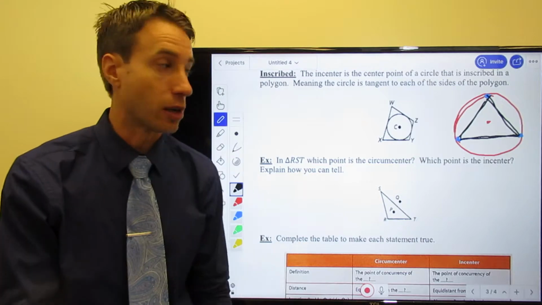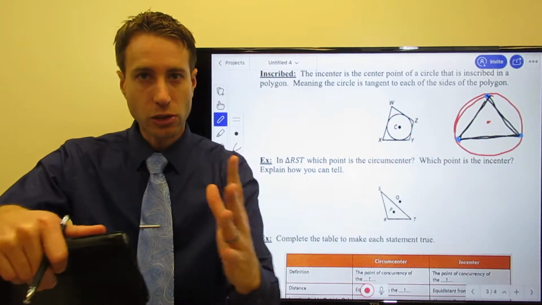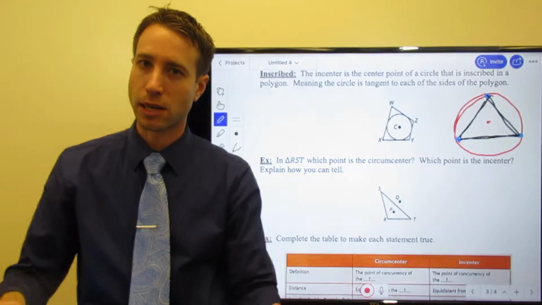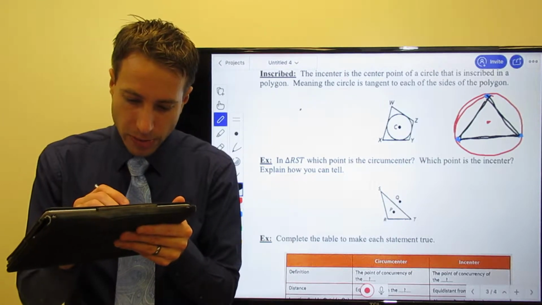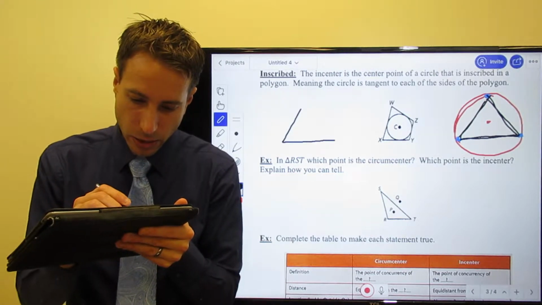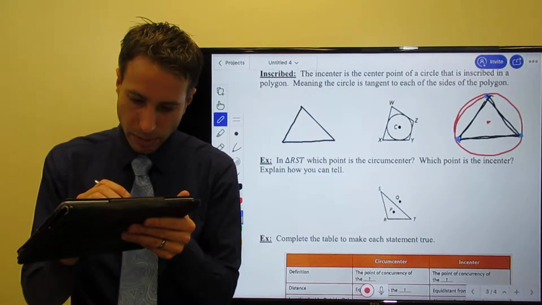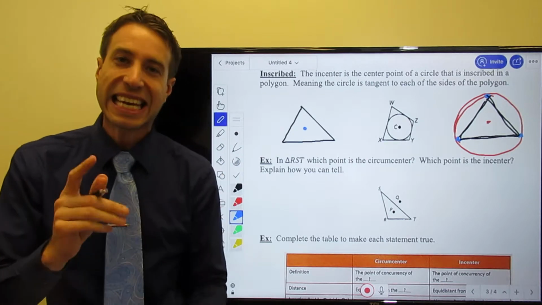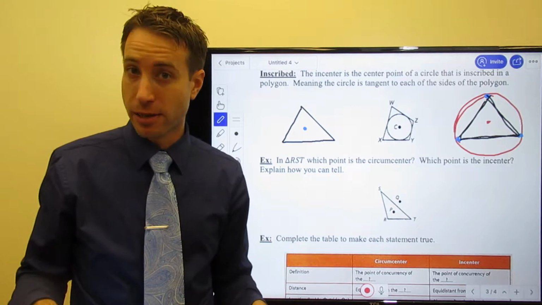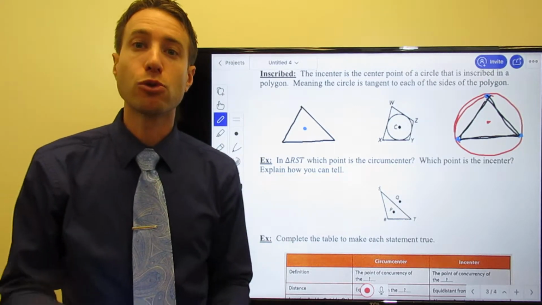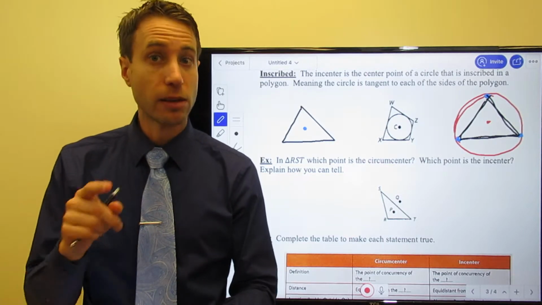That's the circumcenter. It is the middle of a circle that, when I draw it, has the entire triangle inside the circle and only the vertices touching the circle. Now, the in-center. Let me do this one in blue. The in-center will be the point that, if I make it the center of a circle, I'll be able to draw that circle entirely inside of the triangle.